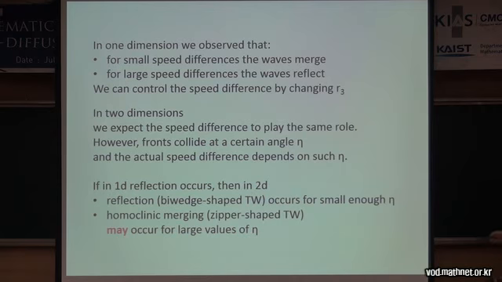And so, if the angle eta is sufficiently large, we may have homoclinic merging in two dimensions, even if in one dimension reflection occurs. However, if the angle is small enough, we should always observe reflection, because when we consider two planar fronts parallelly interacting, we should observe the same behavior as in one dimension.